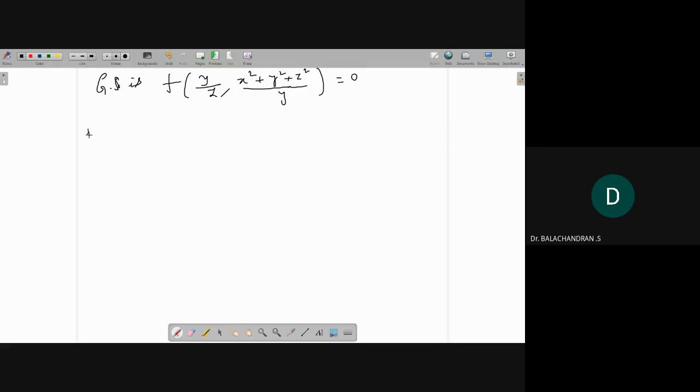Solve x into (y square plus z square) into p plus y into (z square plus x square) into q is equal to z into (y square minus x square).